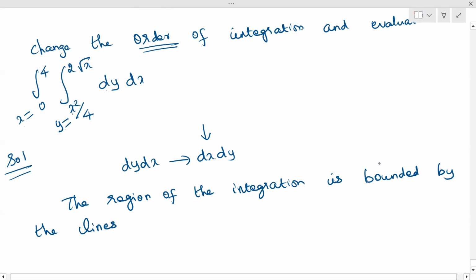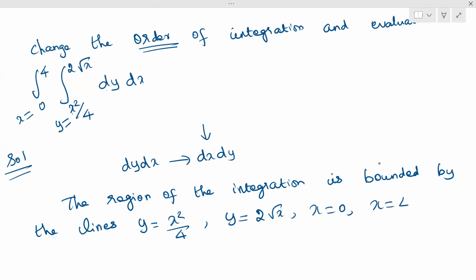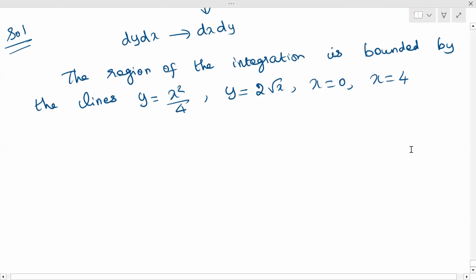What is the limit they have given? Y varies from the lower limit to the upper limit. So y equal to x square by 4, y equal to 2 root x, x equal to 0, x equal to 4. So here we have to draw the diagram for this.